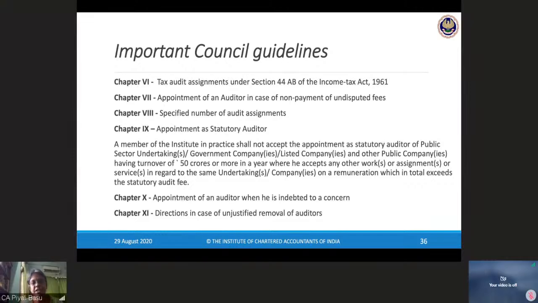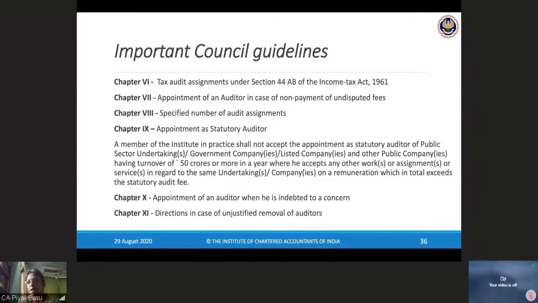Very simple: you cannot take up a job in a capacity other than statutory auditor in the company where you are statutory auditor, where the fee exceeds the statutory audit fee. You have a 1 lakh statutory audit fee, and you also get some other assignment in that company where the fee is more than that; there is a bar by Chapter 9 of the Council Guidelines. Okay, you cannot do that.